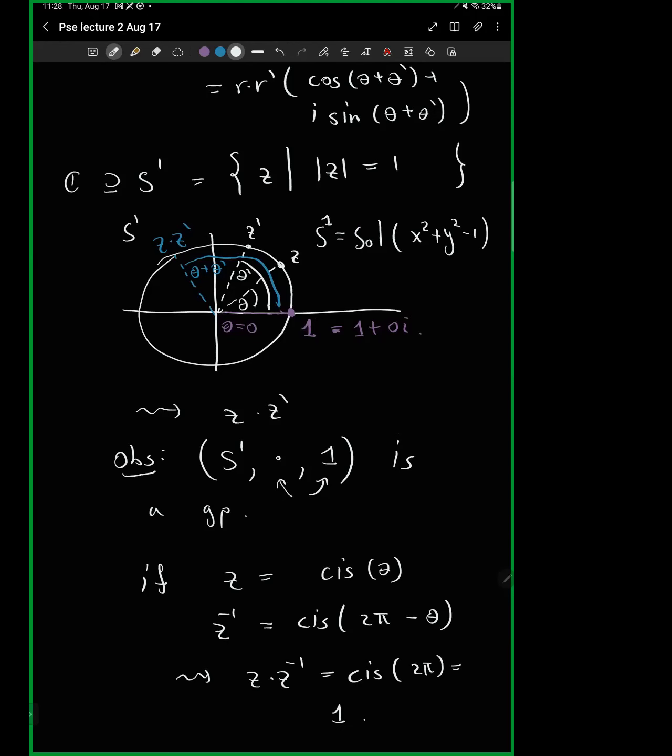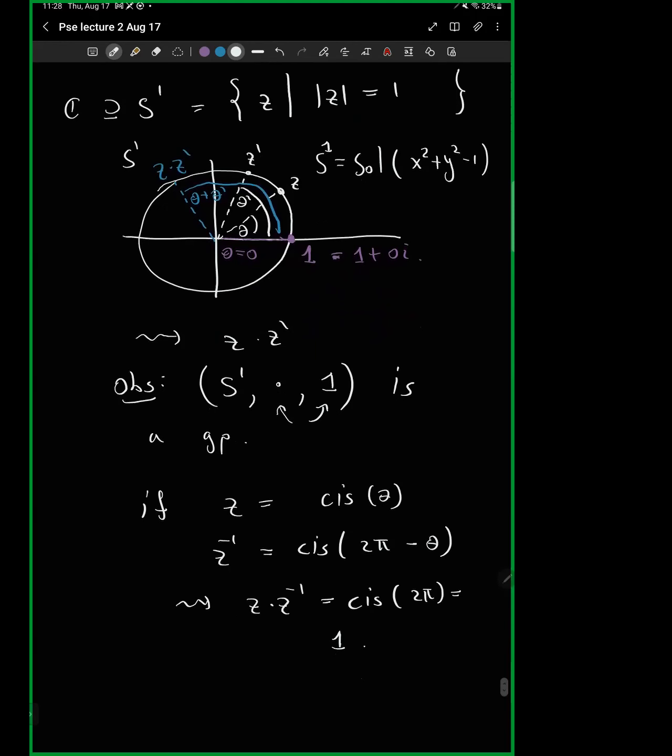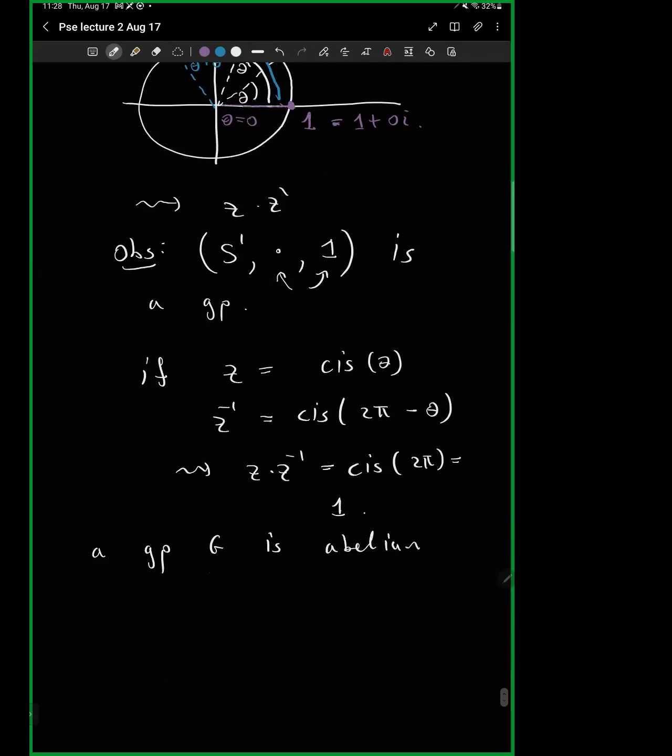So, okay, but all the examples we did are what is called a group. G is abelian if for any two elements you can do x times y, and this is equal to y times x.